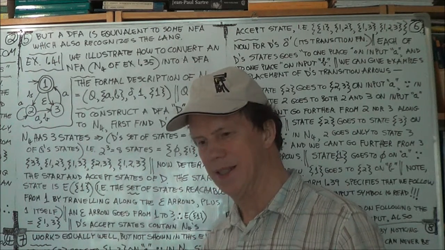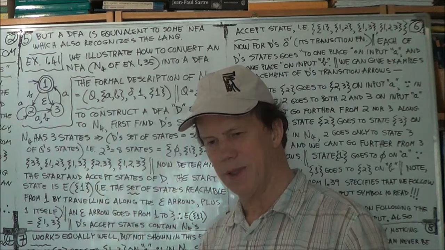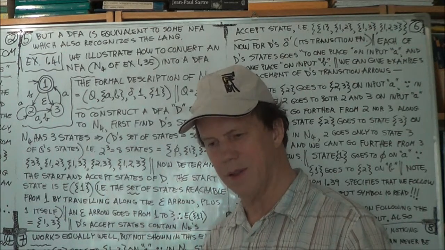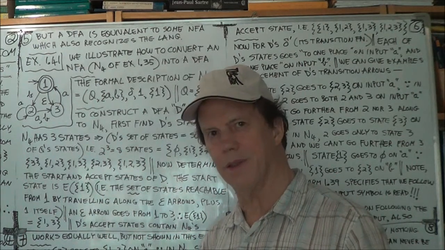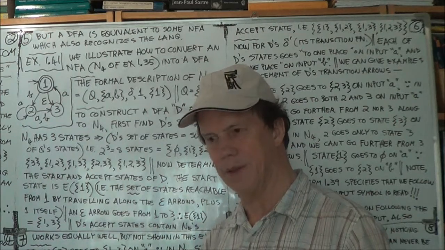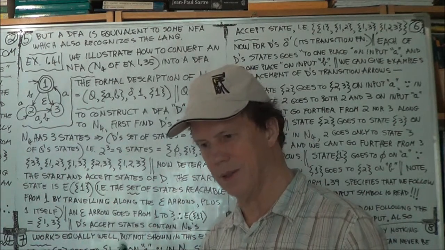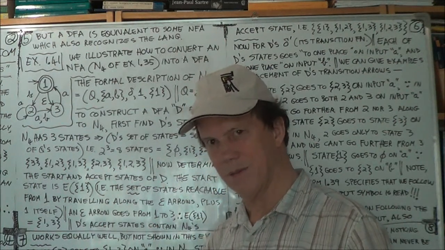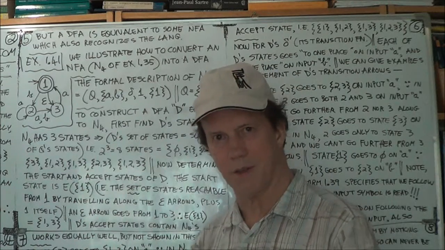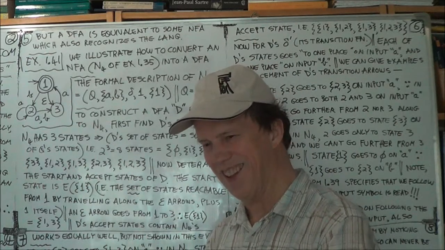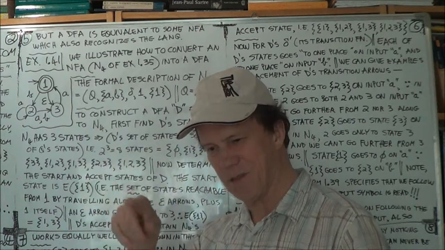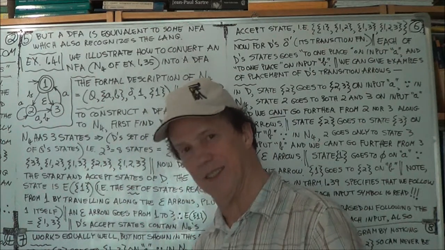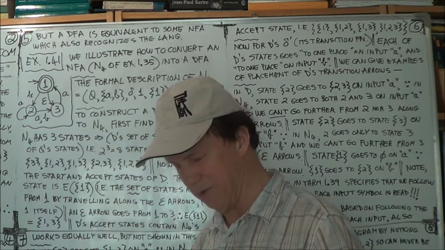Remember me saying that I'm still a bit fuzzy on the use of these epsilon arrows. When I was going through this, I got some surprises, and I put a triple exclamation mark on it. I'm wondering if you'll feel the same.